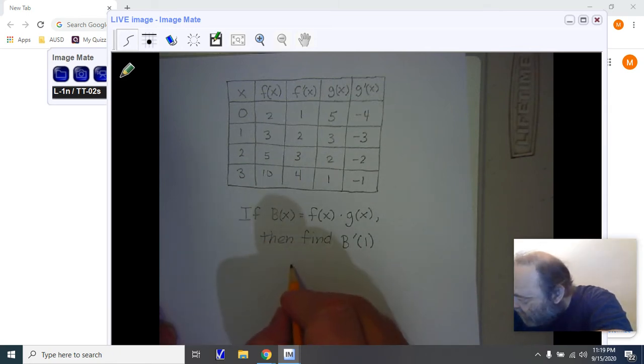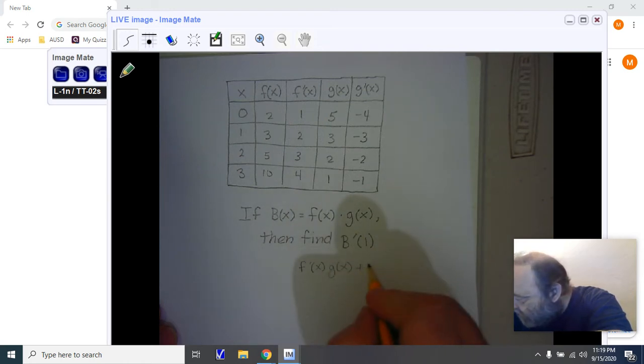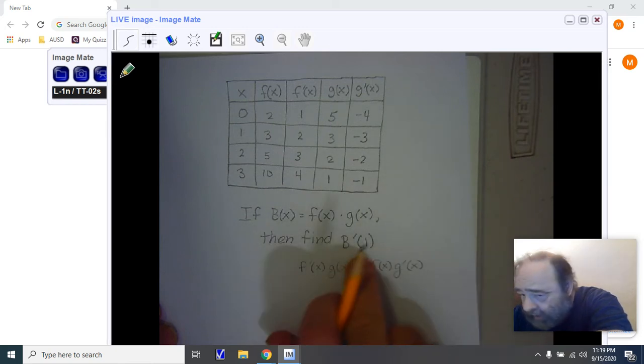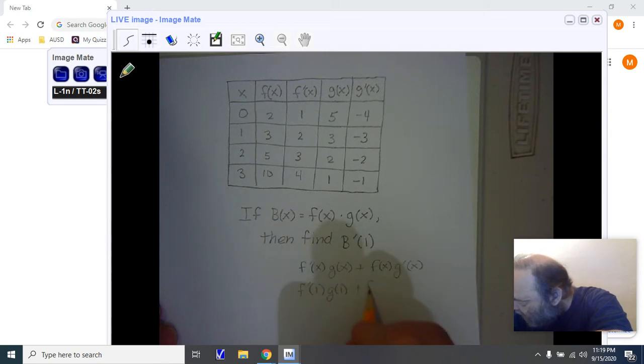According to the product rule, we will have f prime of x, g of x, plus f of x, g prime of x. Now, because they want it at 1, we're actually going to be finding f prime of 1, g of 1, plus f of 1, g prime of 1.